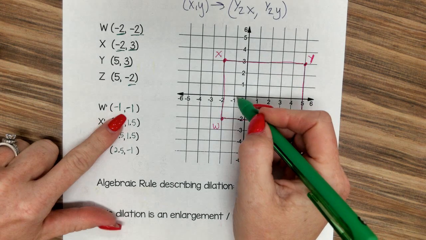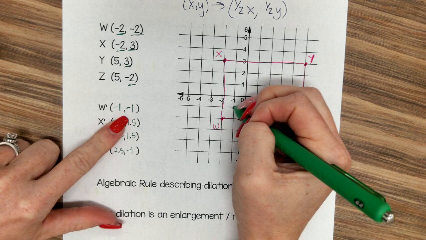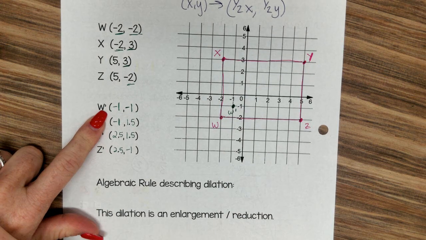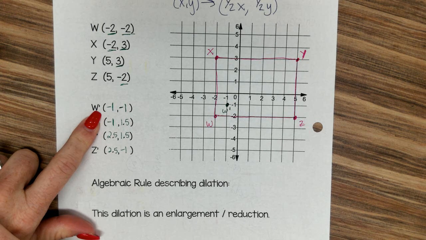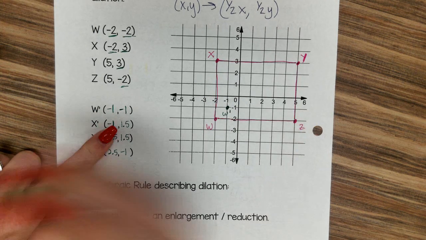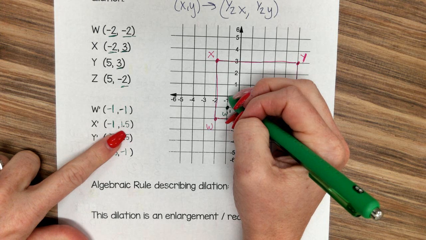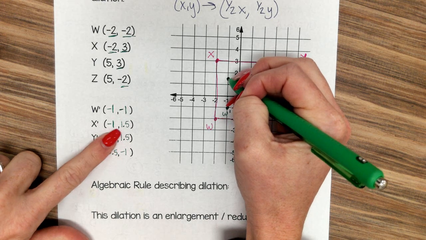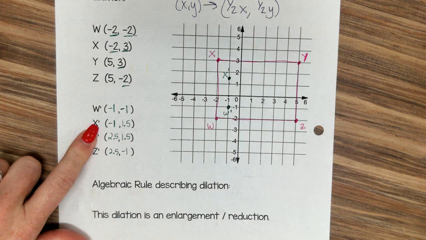So our first one, we're going to go to -1, -1. Put a dot and label it the new W. Now on the x-axis, go to -1, but go up 1.5 right here. This is the new x.